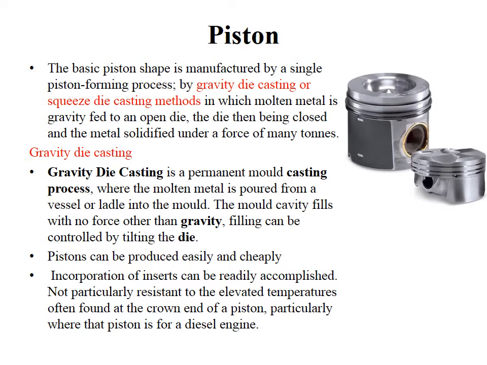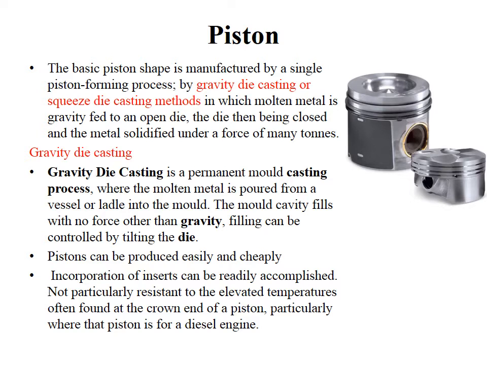Just because of gravity, the molten metal gets into the empty cavity, filling it up, and this filling can be controlled by tilting the die as well, to make sure that the cavity is completely covered with the molten metal. Using this, pistons can be very easily manufactured. The production cost is very less.